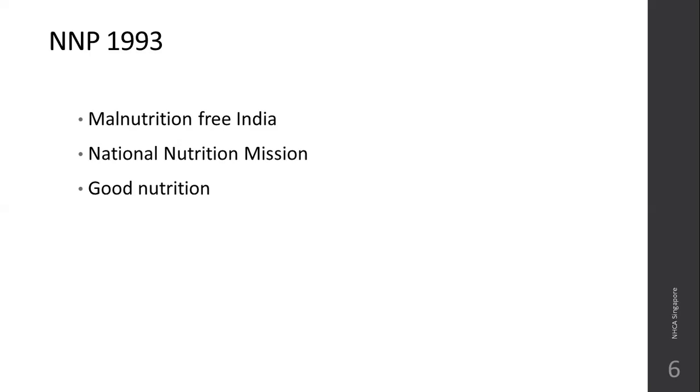So screening all these children, keeping track of their health progression as well. And malnourished children usually tend to have a lower IQ level as compared to their peers. Their cognitive ability is also affected, school performance, productivity as well. This is kind of a vicious cycle that has to be stopped.